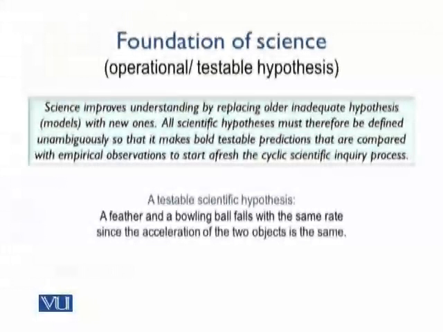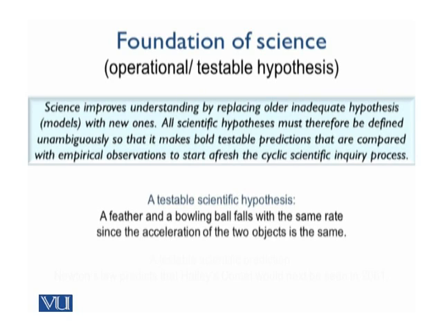Okay, so let me give you an example of a testable scientific hypothesis. So this was actually something that was proposed by Galileo. Before Galileo, it was thought, as proposed by Aristotle, that heavier things if dropped would fall sooner to the ground and lighter bodies would take a longer time.